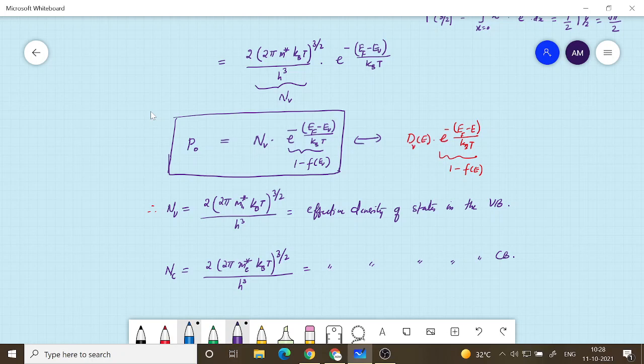And so current can flow because of holes through the valence band, and current can flow because of electrons in the conduction band, which we saw in the last class, when we discussed that in the presence of an electric field, there will be a creation of asymmetry in the occupied states in the conduction band as well as vacant states in the valence band. So that can give rise to current.